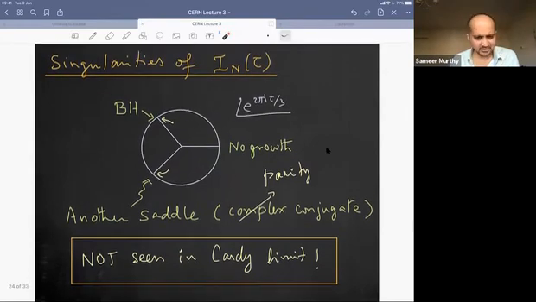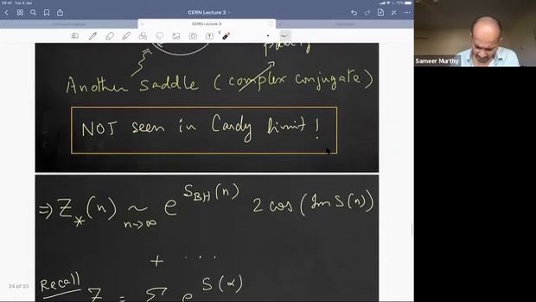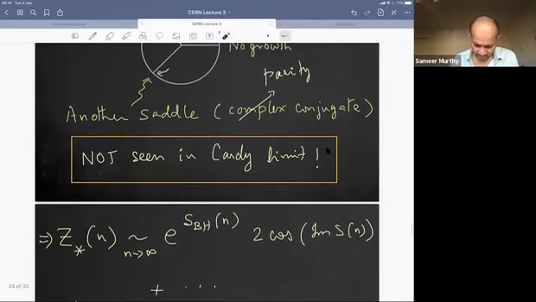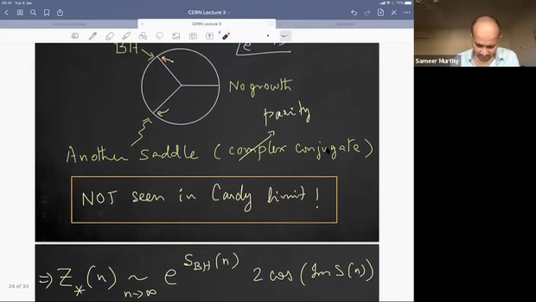What I just said is sort of implicit in many papers, but the story is extremely clear. What happens when you add these two saddles is that you get e to the real part of the entropy, times e to the plus i imaginary plus e to the minus i imaginary. So you get some cosine, and that's exactly this oscillation that I showed you in the microcanonical Leech analysis.